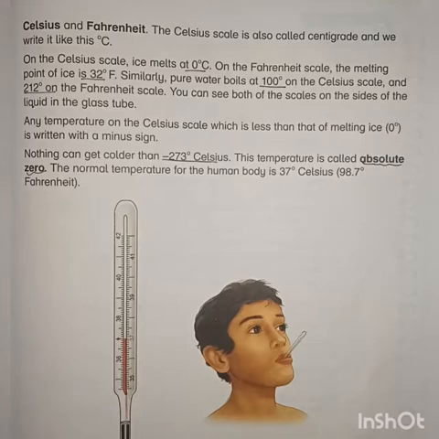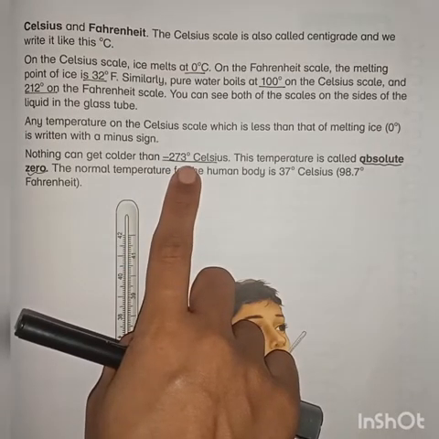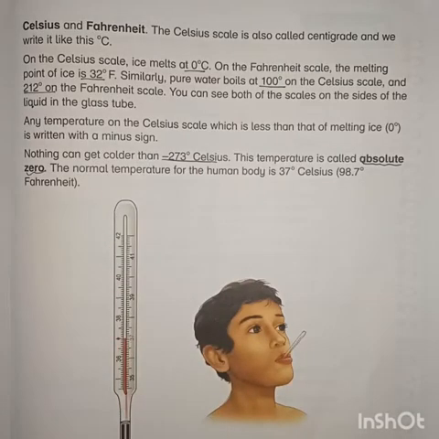For example, minus 20 degree centigrade, minus 25 degree centigrade, and minus 273 degree centigrade is called absolute zero because nothing can get colder than minus 273 degree centigrade. The normal human body temperature on the Celsius scale is 37 degree and on the Fahrenheit scale it is 98.7 degree Fahrenheit.